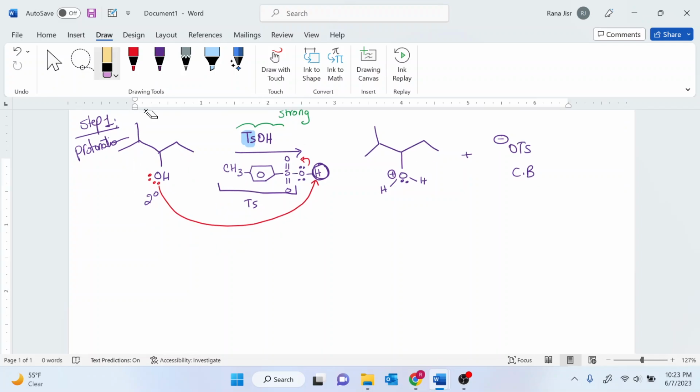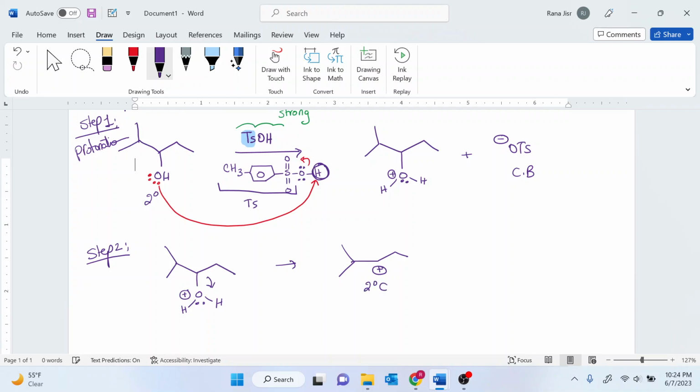So this one is the protonation step. Now the next step, I'm going to proceed by the E1 elimination. For the E1 elimination, the leaving group needs to leave, and then the base is going to come and attack the beta carbon. So the leaving group is going to leave. And when the leaving group leaves, pay attention, if you can, do rearrangement.